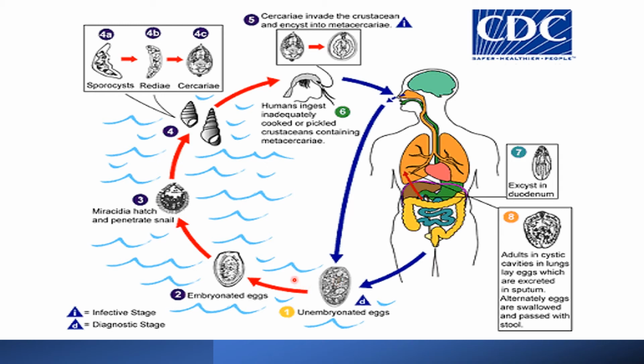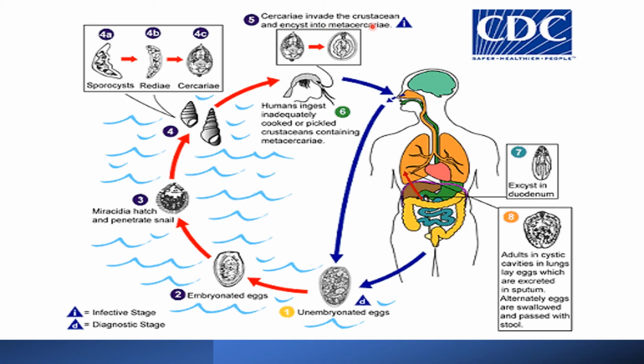The embryonated eggs hatch in water in 2 to 3 weeks to release the miracidia, which penetrate the freshwater snail, your Antimelania species. In the snail, the miracidia develop to the cercarial stage, following the sporocyst and redia stages.